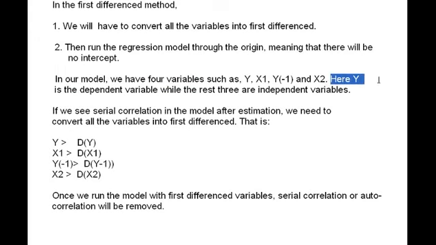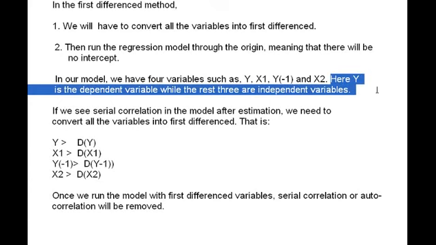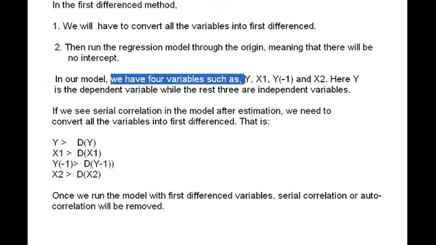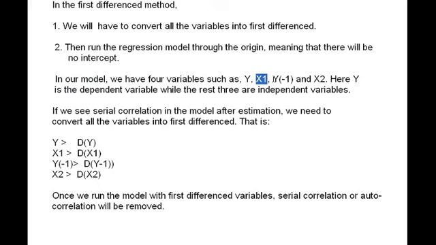Here y is the dependent variable while the rest three are independent variables. x1 is independent, and there is one variable called y lag1, which is also an independent variable. Suppose this is y and this is a one period lag.